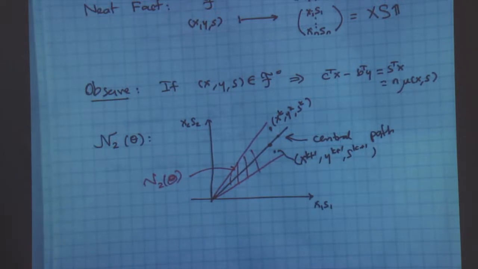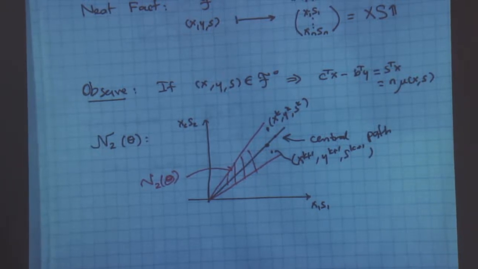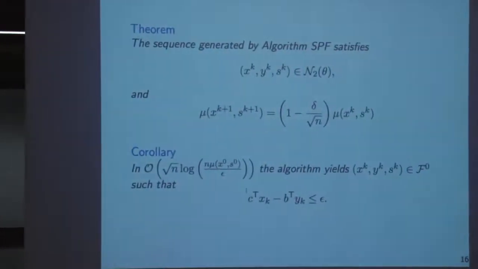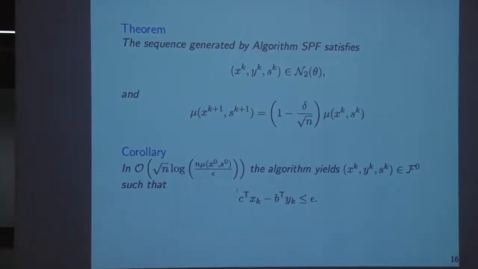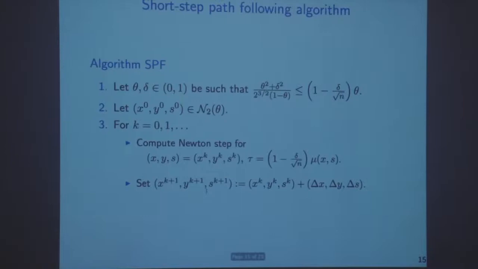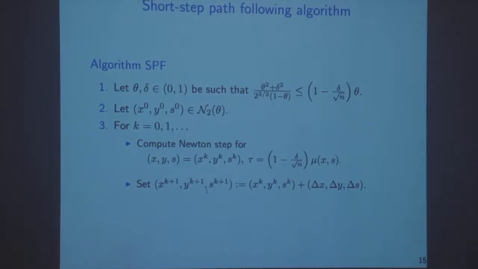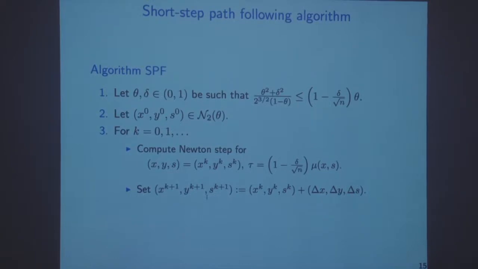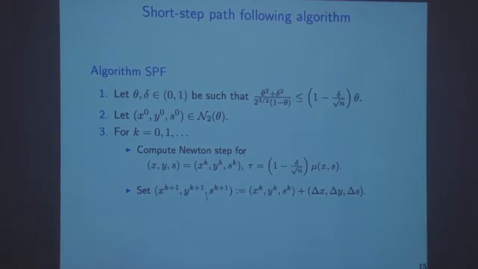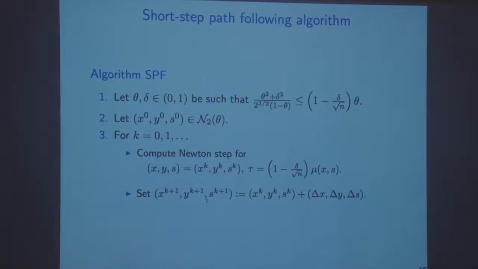So that is called a short step path following algorithm. And the key theorem is the following. So if we do this, and this is what seems like magic, if you think about what we are doing at each step, we are just applying one iteration of Newton's method. We compute one Newton step, and that one single Newton step is what we use to generate the next iterate.